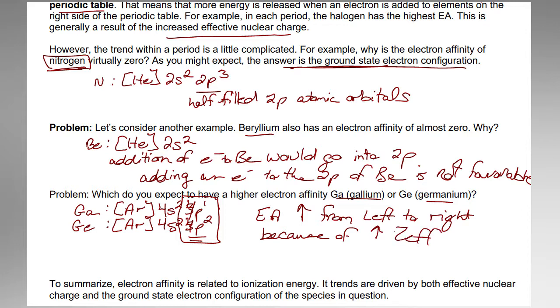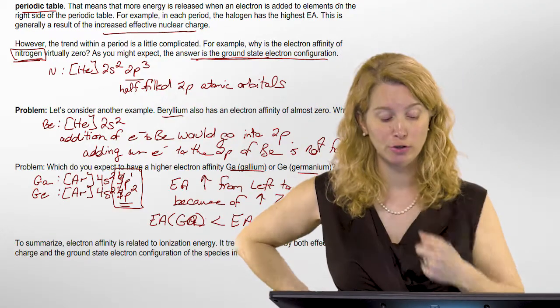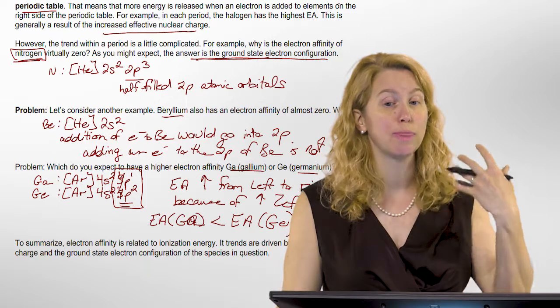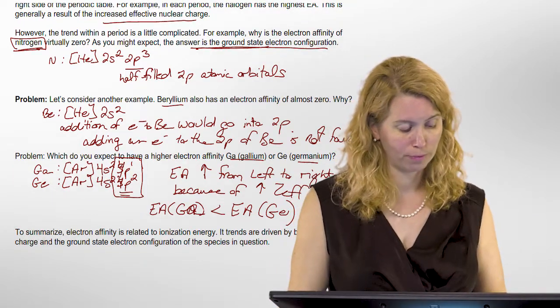Everything comes back to ground state electron configuration, size of orbitals, or effective nuclear charge. So in this case, it's not ground state electron configuration, it's effective nuclear charge. The effective nuclear charge of germanium is higher than gallium. So we expect the electron affinity of gallium to be lower than the electron affinity of germanium. The germanium will release more energy as a result of the electron interacting with the higher effective nuclear charge.